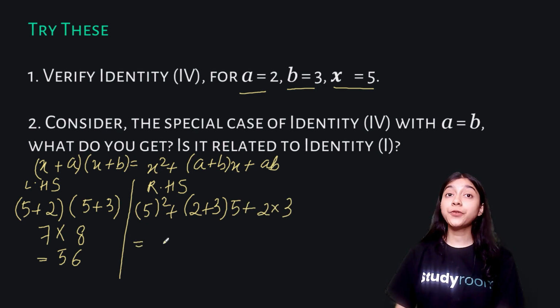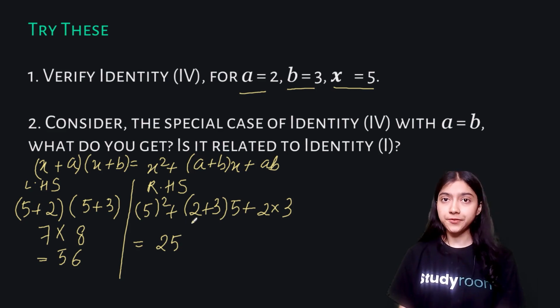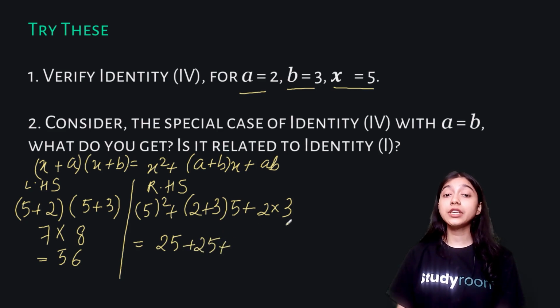Now when I do 5² it gives me 25. When I take the sum 3 plus 2, this gives me 5, and 5 multiplied by 5 gives me 25. Now I have 3 into 2 which gives me 6. 25 plus 25 gives me 50, plus 6 gives me 56.